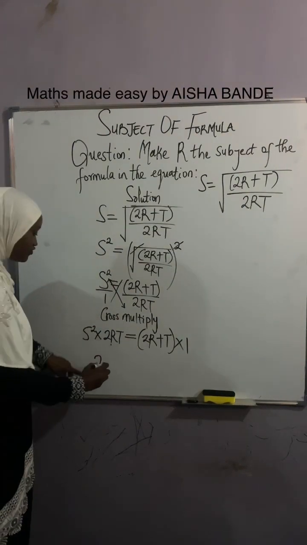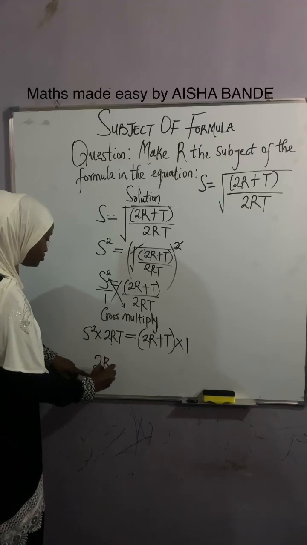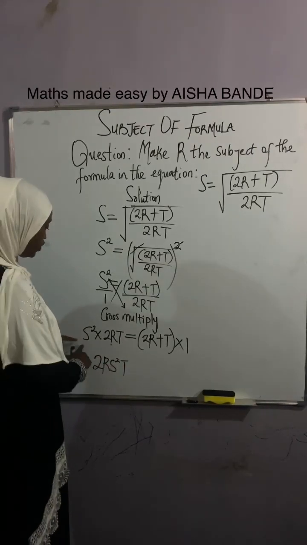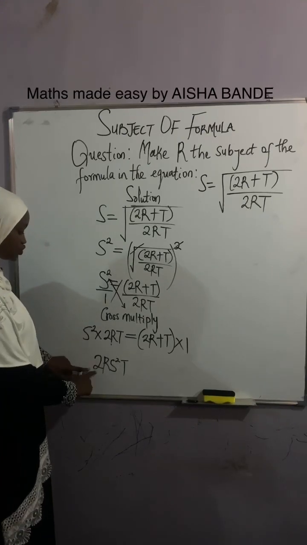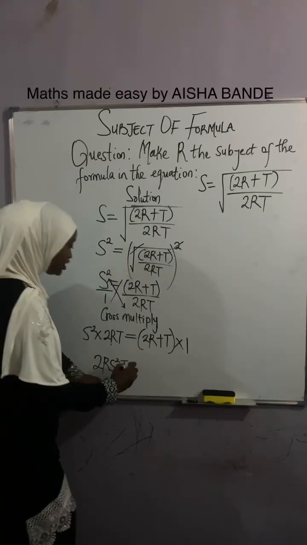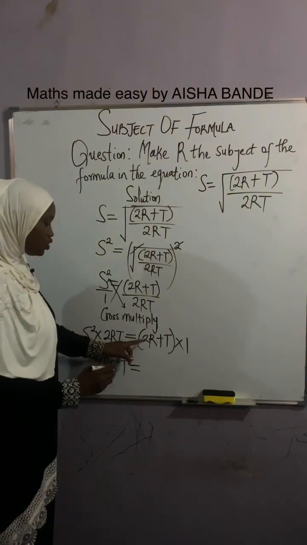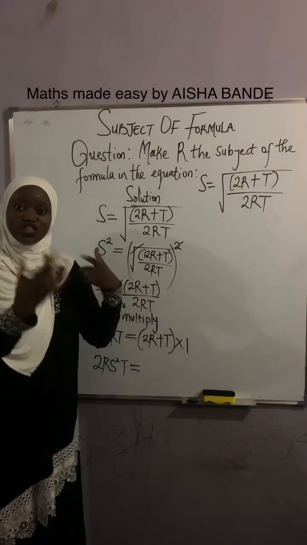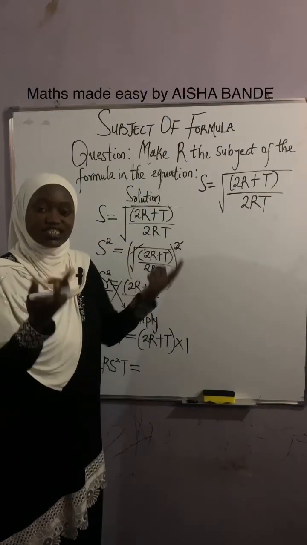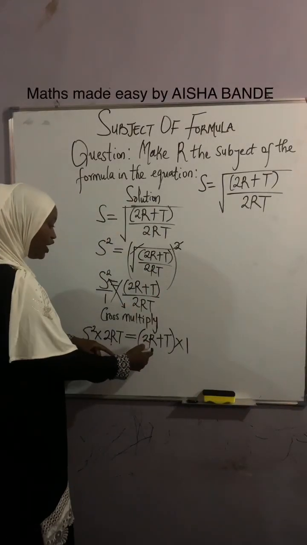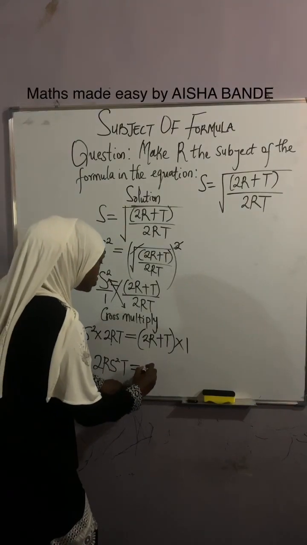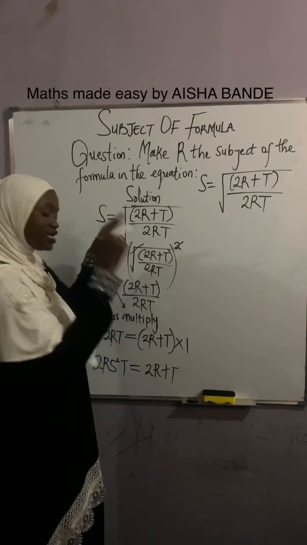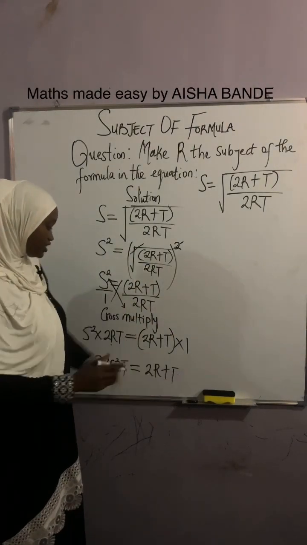The letter that comes first alphabetically is R. Then we have the S square, then the T. So S squared times 2RT gives us 2RS squared T is equal to, this is 2R plus T all in a bracket times 1. We know that any number multiplying 1 gives us the same number. So 2R plus T times 1 still gives us 2R plus T.